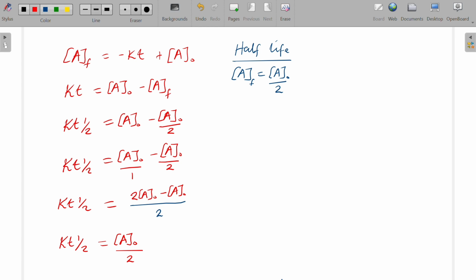Yes. So when we reach that stage now, we are going to make half-life the subject of the formula. This T half is half-life. K is the rate constant. So we want to make T half the subject of the formula. What we are going to do is we'll just multiply the whole expression by 1 over K. So we'll multiply this whole expression here by 1 over K, like that.